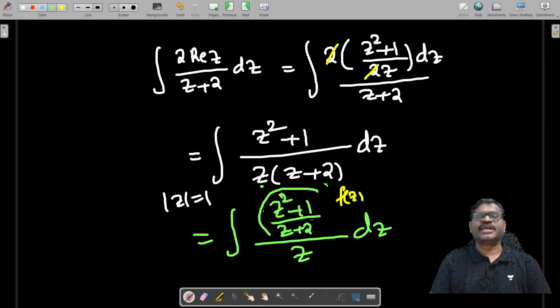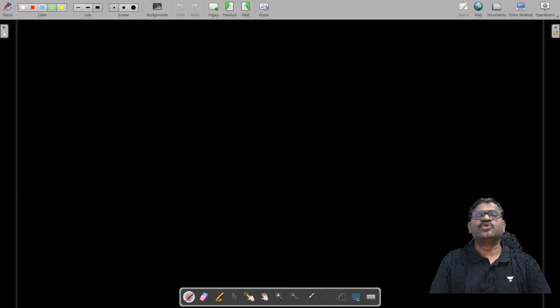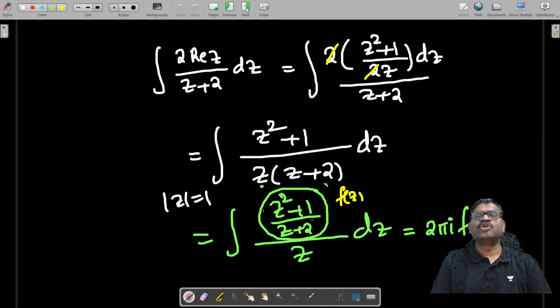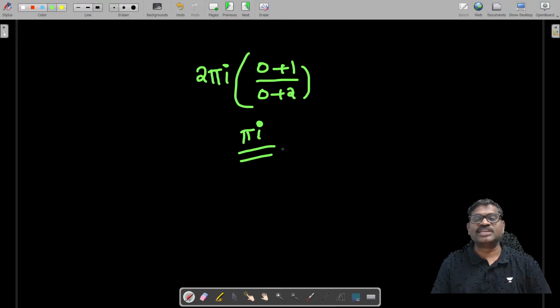By Cauchy's integral formula, it is equal to 2 pi i into f of 0, because the denominator is z, and z equal to 0 lies inside. That's why 2 pi i into f of 0, that is 0 plus 1 by 0 plus 2. The 2 cancels, pi i. Finally, the answer is pi i.